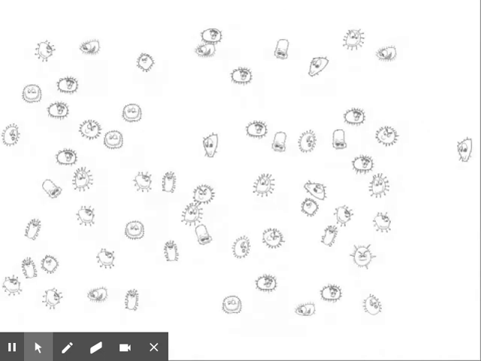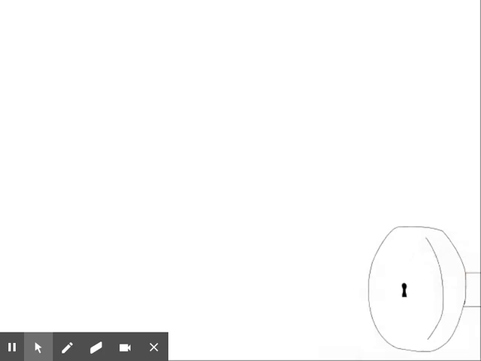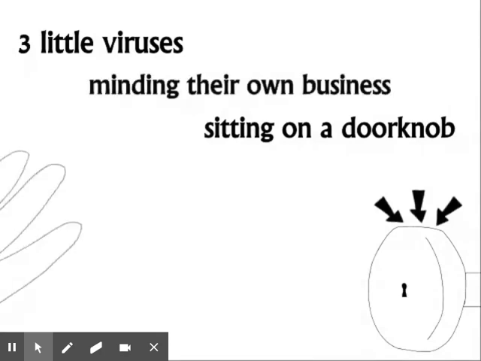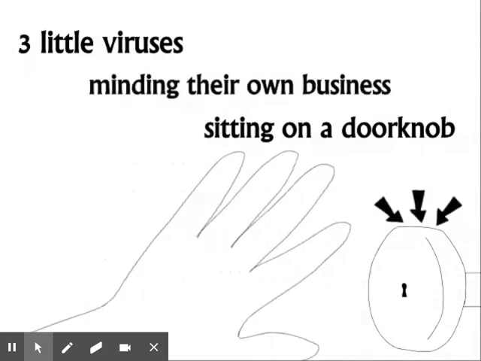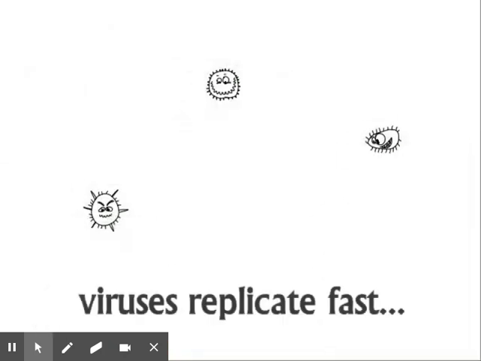Okay. All right. Next scenario. What do you think this is about? Oh, a little virus sitting on a doorknob. One little COVID sitting on a doorknob. What happens when you touch that doorknob? Virus.